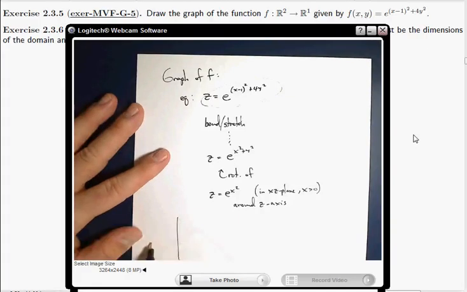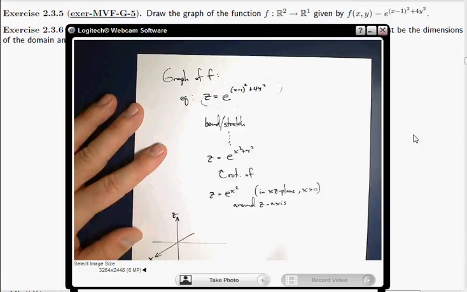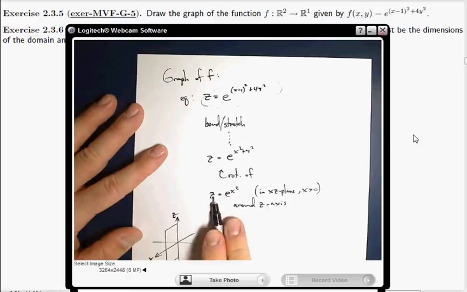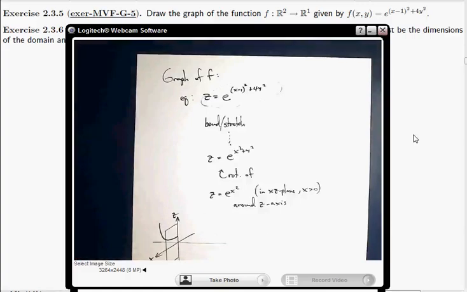So there's a multi-step process here. We're going to look at, in the xz plane, with x, oh, did I get this backward? Let's see here, x squared plus y squared. Yeah, in the xz plane with x positive, in other words, over here, we're going to look at z equals e to the x squared, and that's roughly something like that.